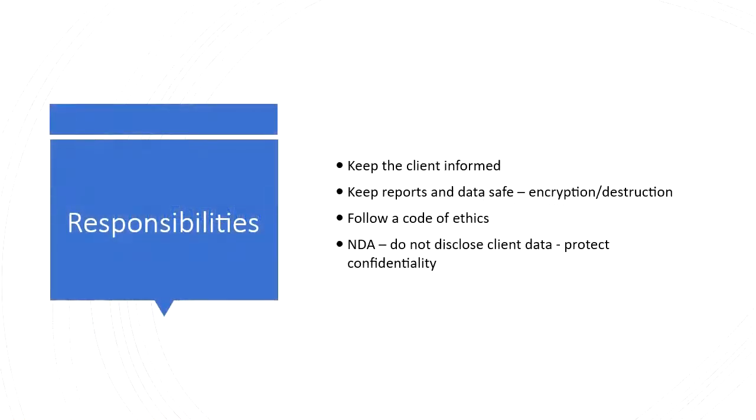We have responsibilities to our client. We want to keep our client informed. We want to ensure that our reporting and the data that we obtain from our testing is safe, that we discuss with the client whether we need to use encryption and how to destroy the data that we collect. We would want to follow a code of ethics and possibly have an NDA so that we do not disclose client data and we protect confidentiality.